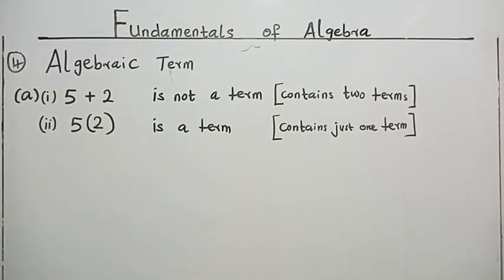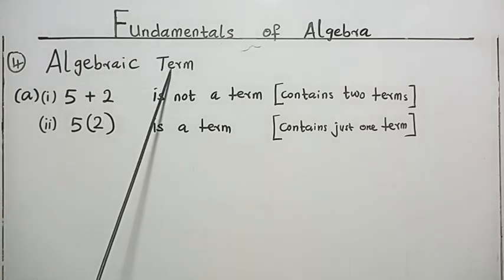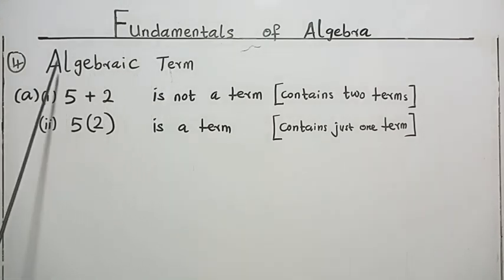This feature that makes a particular mathematical expression to be a term is contained in the definition of algebraic term, or just a term. That a term is algebraic is just an extended meaning. Here, we wish to first know what a term is, just ordinary mathematical term, before we speak about algebraic term.